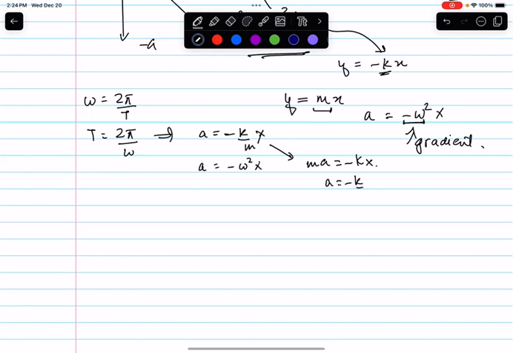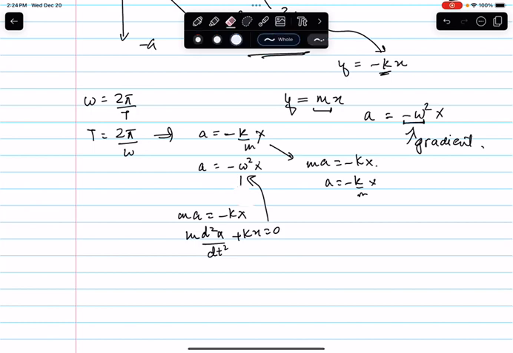You can then make a differential equation, m times d squared x by dt squared plus kx equals 0, and if you solve it, you get this equation in that form.